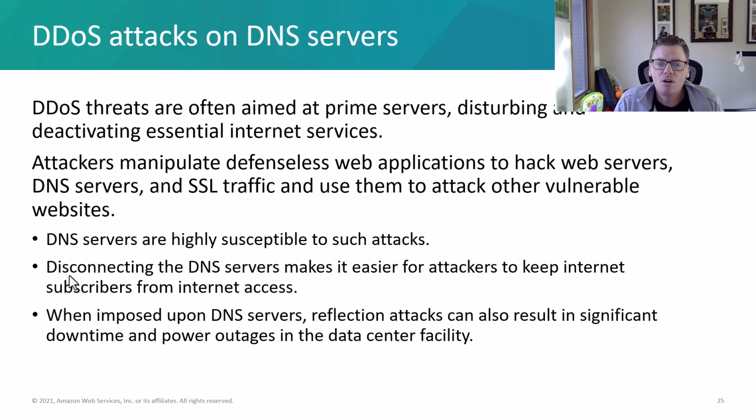DNS does that. So if somebody runs a distributed denial of service attack aimed at your data center's DNS servers, or even something upstream from you, that can cause a significant issue.